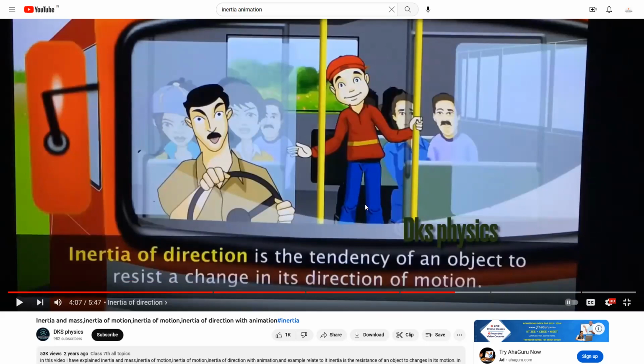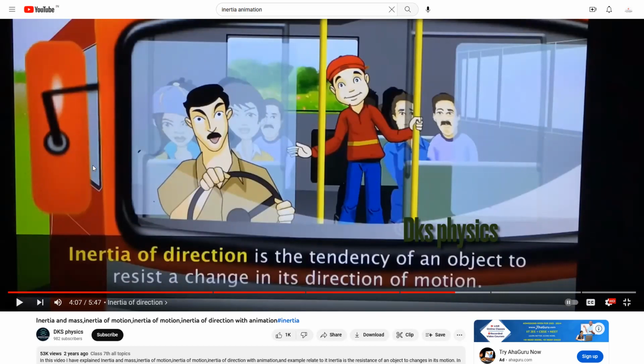So do you understand that inertia of direction is the tendency of an object to resist a change in its direction of motion? Again the same thing here. As the entire bus is taking the left direction, the lower part of the body is in contact with it, so it will go in the left direction, while our head resists the change, so that it appears to fall on the right side.